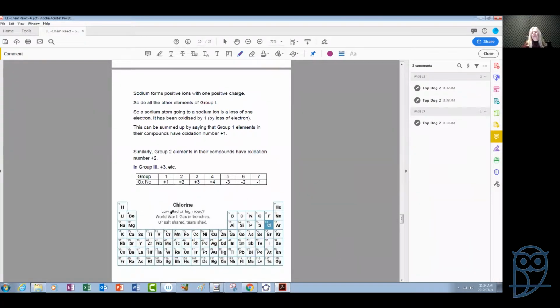In between, like the transition elements and also the carbon group, the oxidation numbers might change from compound to compound, but as we go along and meet such cases, we'll see that.